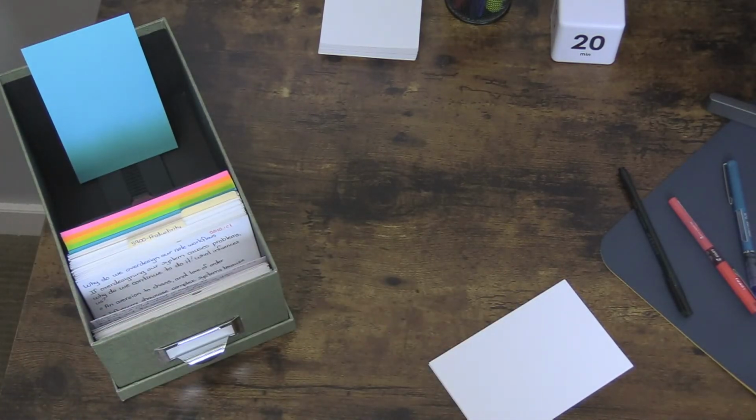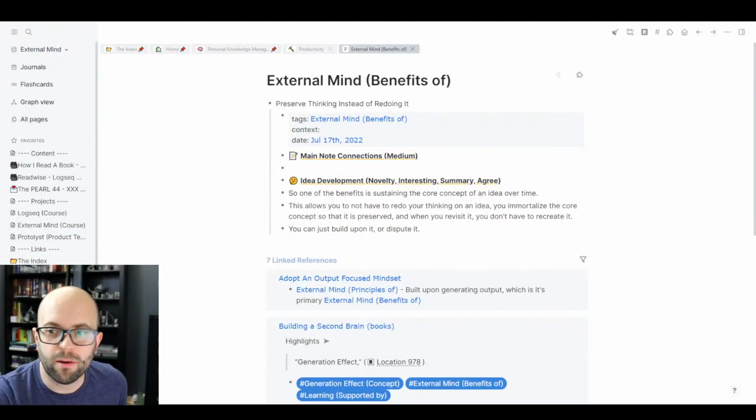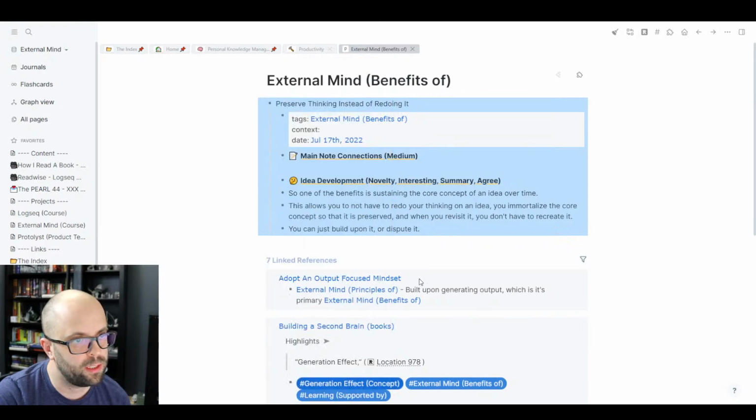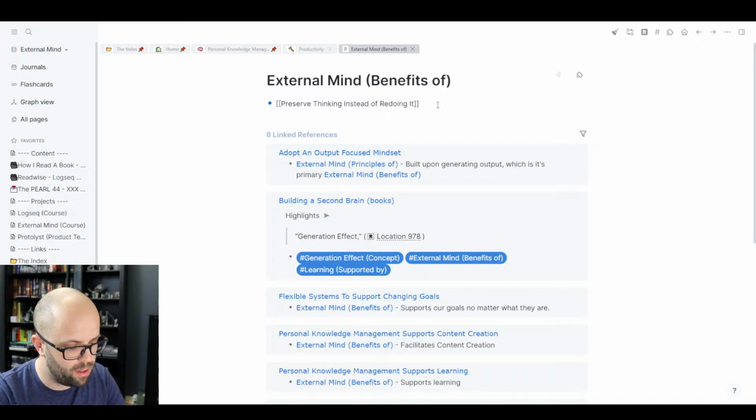And then to tidy it up here on the digital, I will right click, turn this into a page.